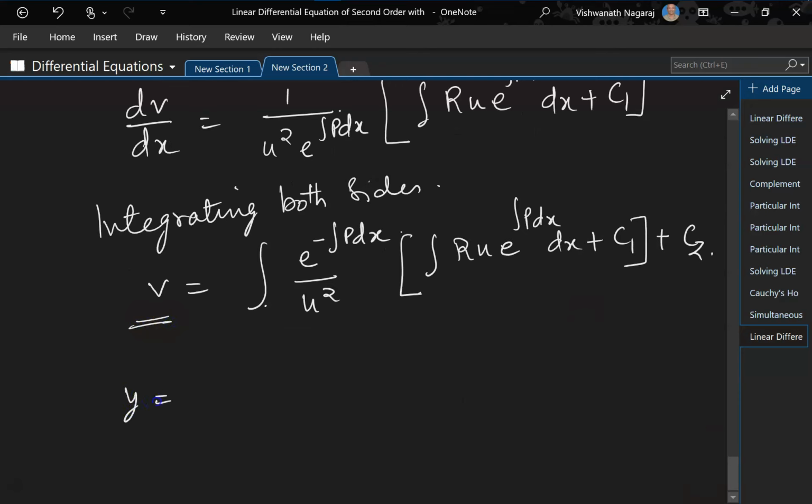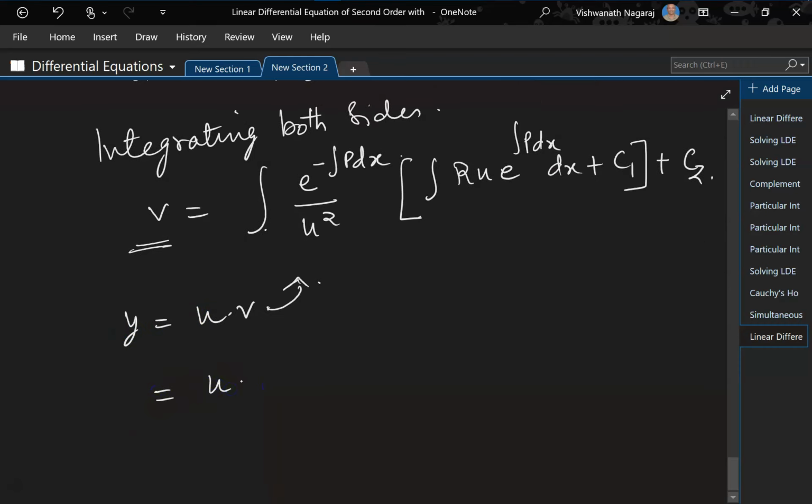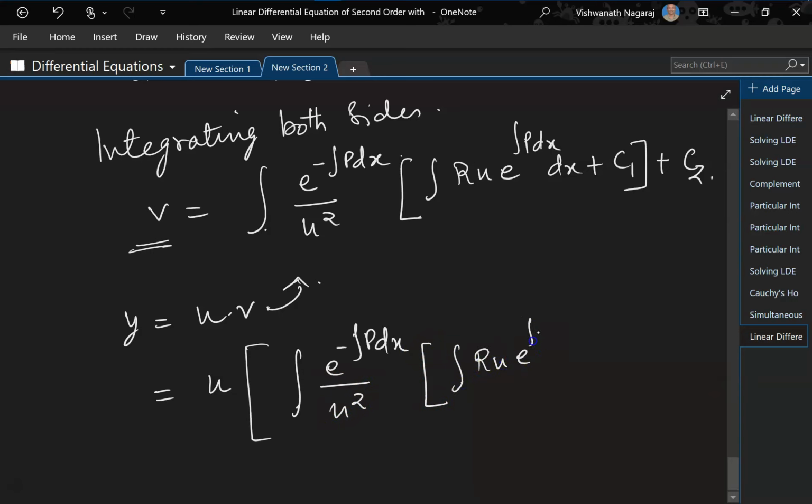Remember, our solution is y is equal to u times v, where u is what we assumed to be the solution, and v is this. So y is u times the integral of e to the power of minus integral of p dx by u square, then within brackets again the integral of r u e to the power of integral of p dx dx plus c1, plus c2.